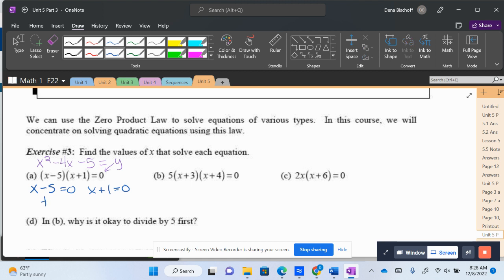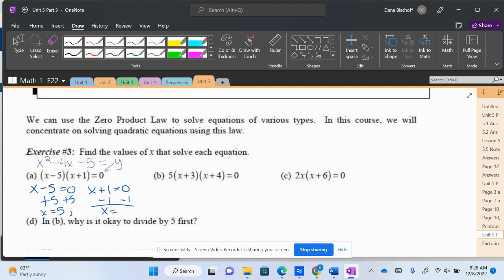Well, I would add 5 on this one. So that means that x equals a positive 5, or x equals a negative 1. So I just want to draw your mind back to this thing that we boiled out to find.